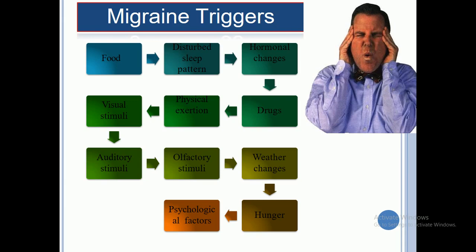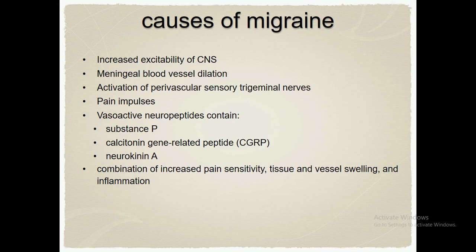Visual stimuli, and drugs, especially the drugs used for different types of ailments. Physical exertion is another factor. Visual stimuli, the things which you can see with your naked eyes, auditory stimuli and olfactory stimuli, weather changes, hunger, frustration, and psychological factors, all these can trigger the migraine.